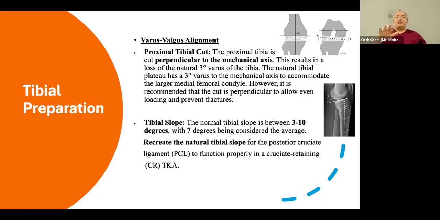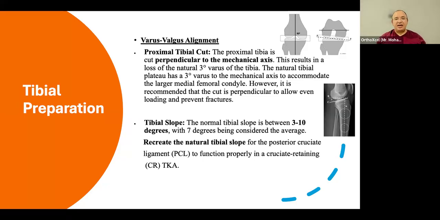The most important thing about the slope: if I'm doing a CR knee, I'm maintaining my PCL, so I don't worry about posterior subluxation of the tibia, because this is the function the PCL is doing. So I try to mimic the normal slope, which is 5 to 7 degrees, because this allows proper femoral rollback, a proper knee flexion. But if I'm doing a PS knee, and we'll know in a minute why I do a PS and why I do a CR, if I'm doing a PS knee, I'm sacrificing the PCL.